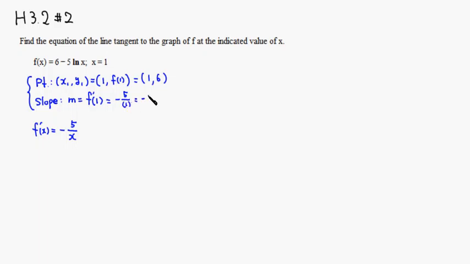Therefore, remember we have the point-slope form, which goes like y minus y1 is equal to m times quantity x minus x1. Following that, we have y minus 6 is equal to negative 5 times quantity x minus 1.